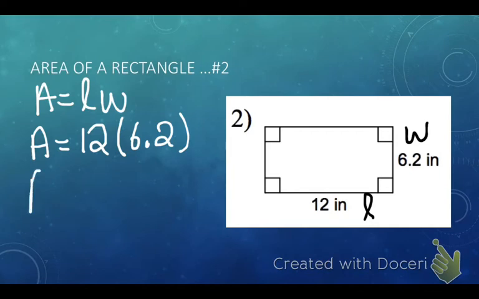So A equals 12 times 6.2, which is 74.4. I want you to now write the units next to your answer based on what I said in the previous example. You should have written inches squared.